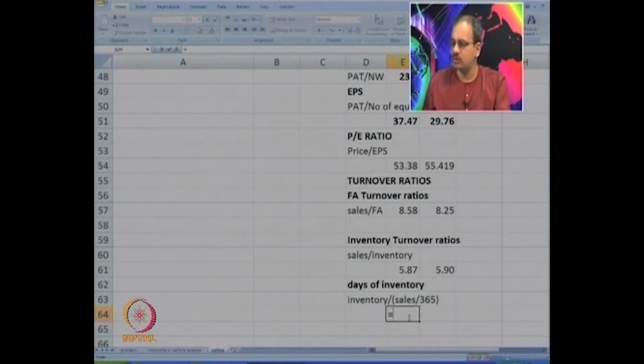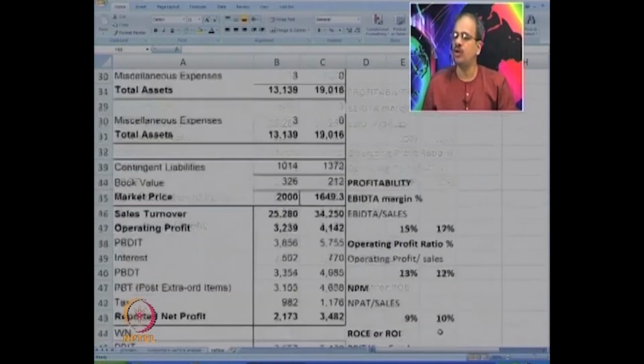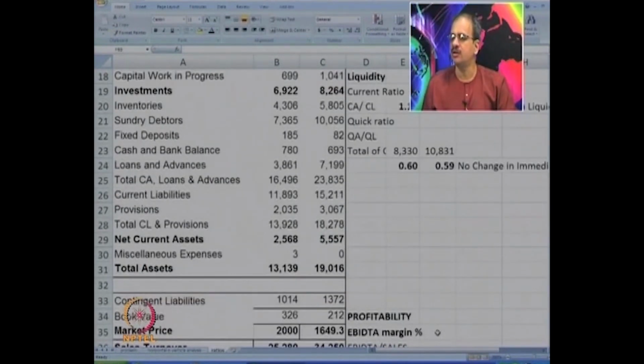We can also simply take our inventory turnover ratio and multiply it by 365. So, in terms of number of days, earlier you had 62 days of stock. Now, it has gone down and it has become 61 days of stock or inventory. Fine. You can go to inventory figures and check. You will find that the increase has happened, but not in that much proportion.